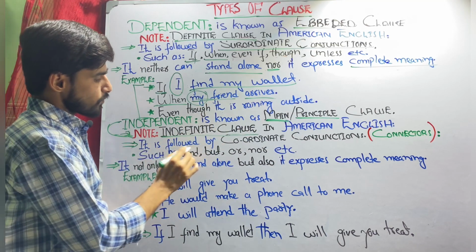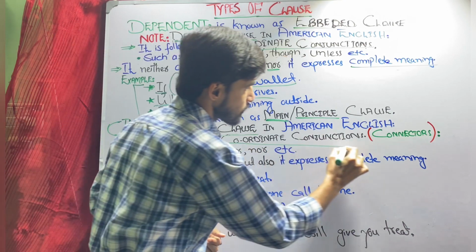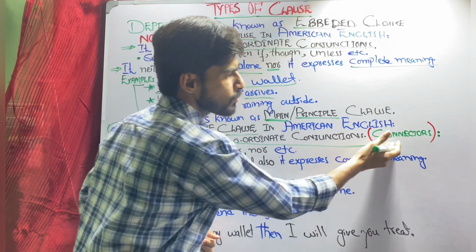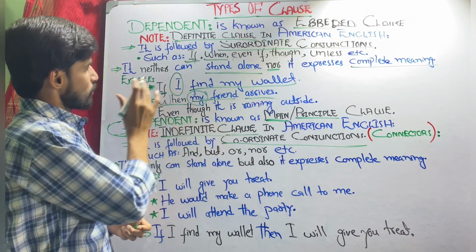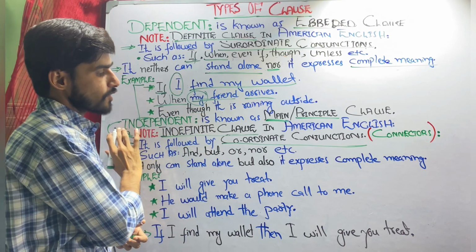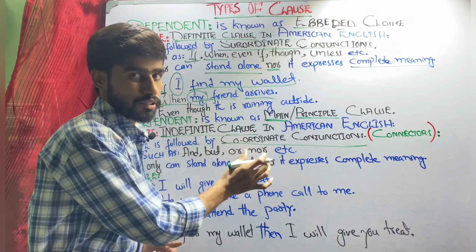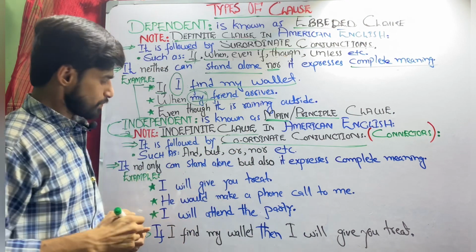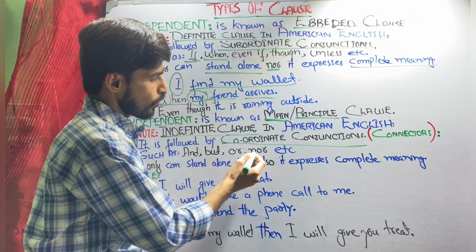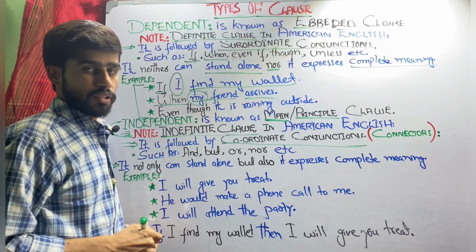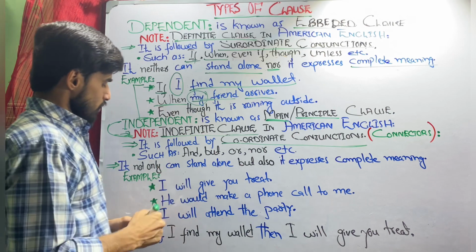Independent clause is always followed by a coordinating conjunction, or simply you may say connectors, so that's why it is also known as coordinate clause. For instance, and, but, or, nor, etc.